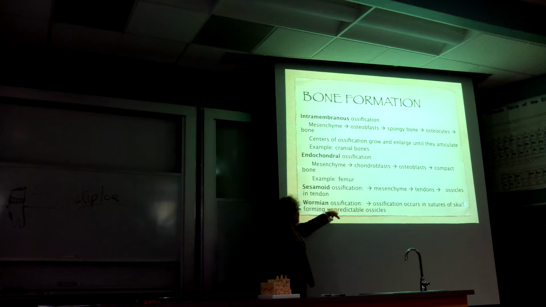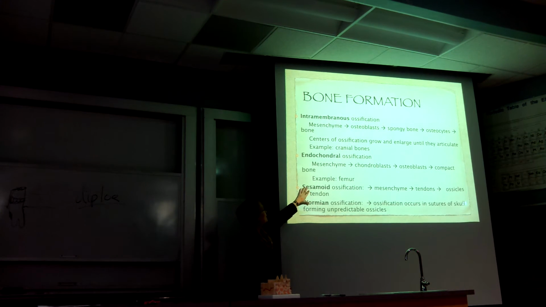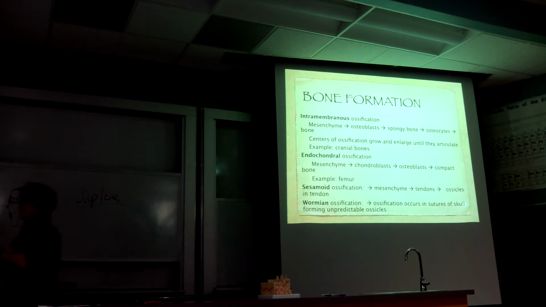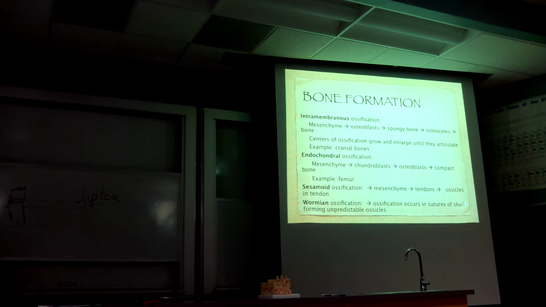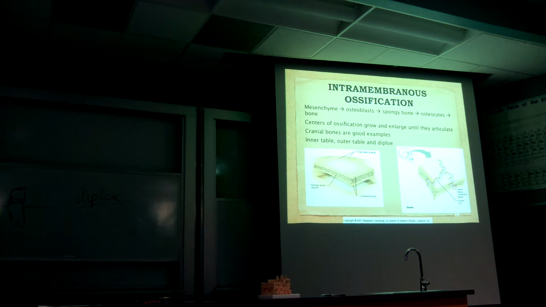Wormian bones, same kind of thing. So these are not true; these are the two main true bone growths. These are types of bones and how they form, but the ones that we're mostly concerned with are intramembranous and endochondral. And here is another picture of the intramembranous ossification.